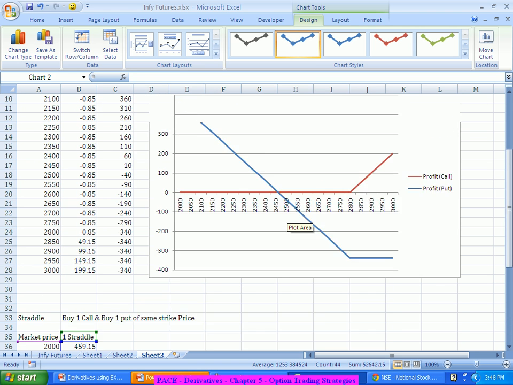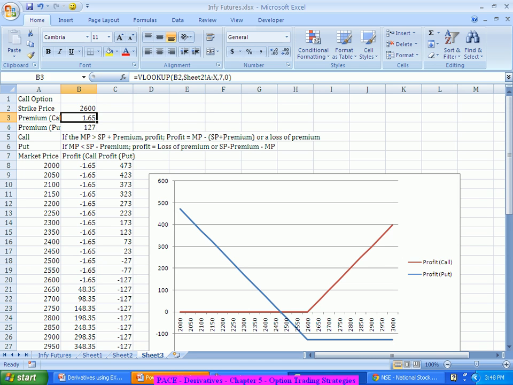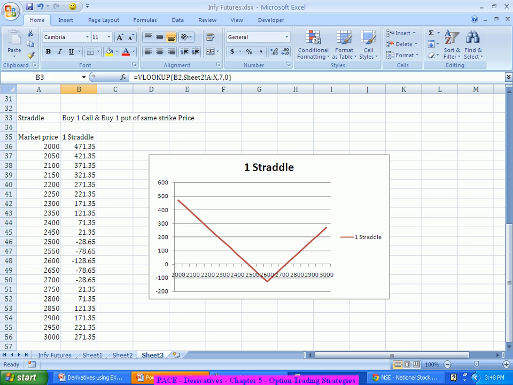Now just try changing this number from 28 to 26 or something. Now you see my straddle looks more like a proper V, a much better V, where as long as the stock price is between 2,500 and probably 2,750 on the final date, I will have a negative value, a loss, but that loss is minimal, only to this extent.